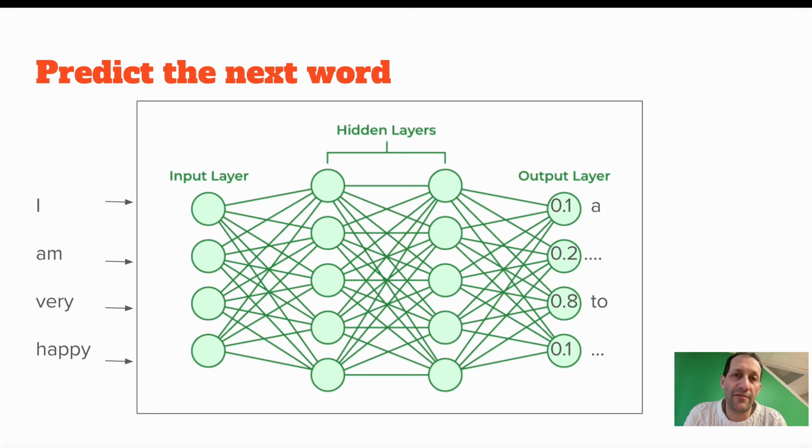And the reason I said this is a classification model is you have this classification problem where the number of classes equals the number of words in your vocabulary. So you're just trying to predict which of these words or which of these classes is most likely to be the correct class. So this is a neural net then, and it follows everything we have learned about neural nets.